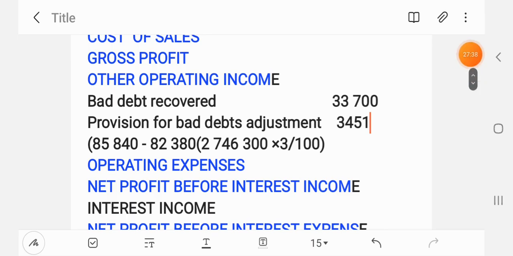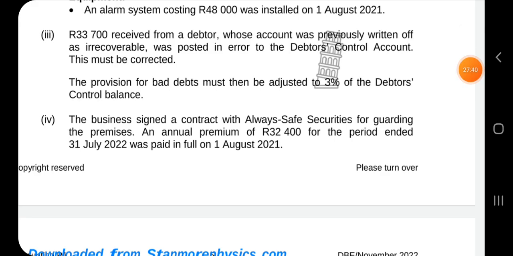Yes. So the business signed a contract with Always Safe Securities for guarding the premises. An annual premium of 32,400 for the period ended 31 July 2022 was paid in full on the 1st of August. So on the 1st of August, we paid, which was for 12 months. So let's see the months that are within this financial year.